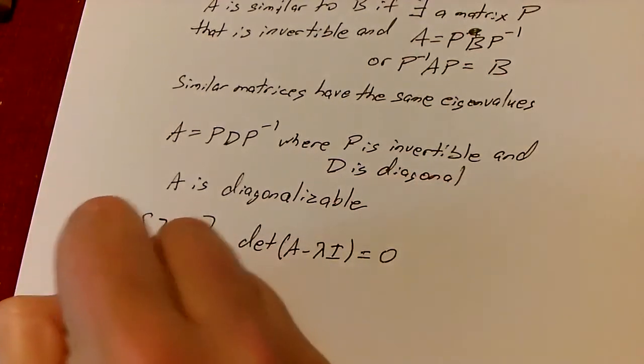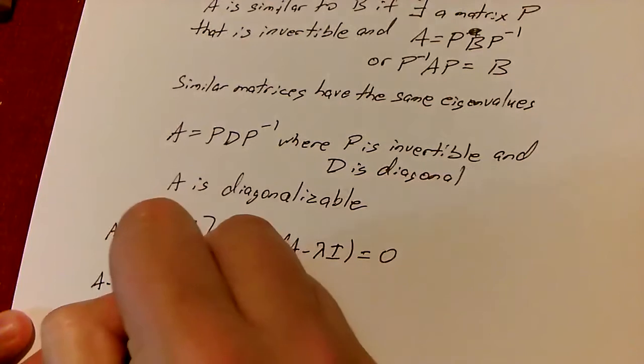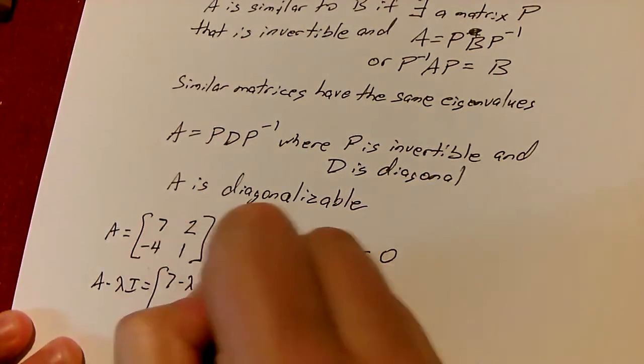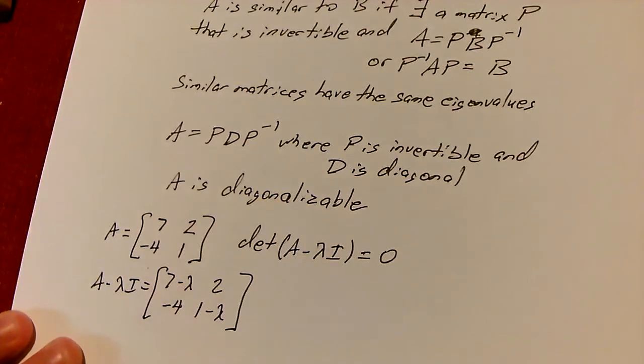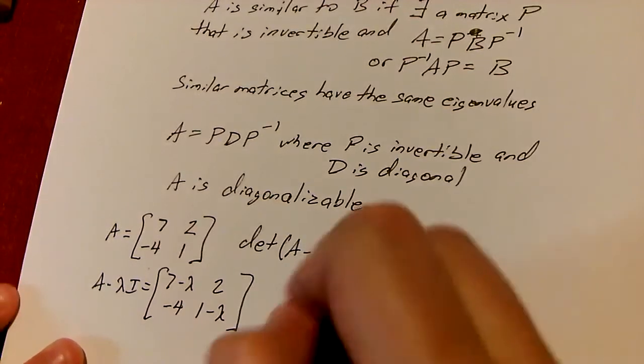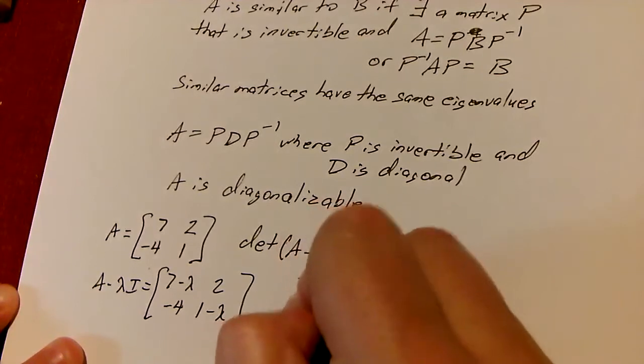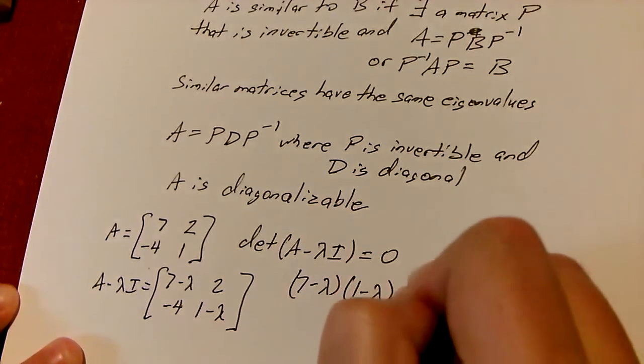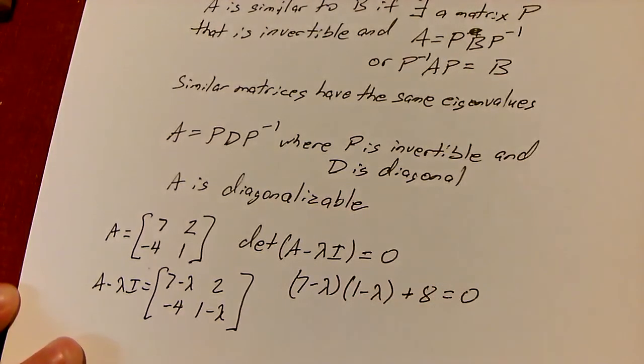So A minus lambda I would be 7 minus lambda and 1 minus lambda on the diagonal, 2 and -4 for the other positions. So my determinant then would be 7 minus lambda times 1 minus lambda plus 8 equals 0.